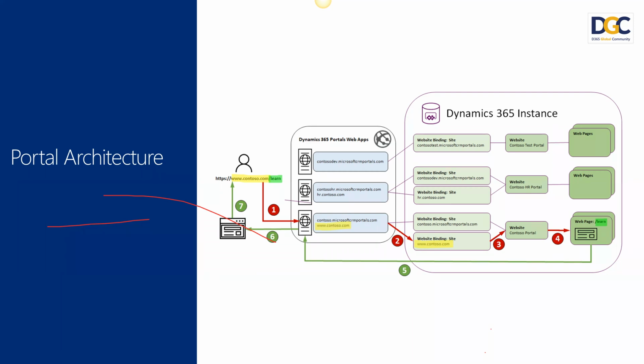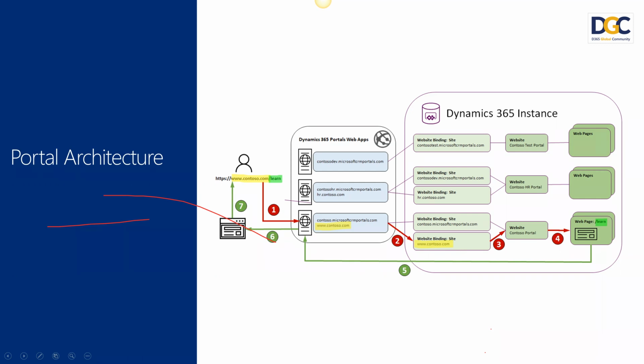Then the server connects to the Dynamics 365 instance and finds the website binding, which you can see on the second slide here, the website binding slide. Then it corresponds to the website it is bound to, which is the Unilink self-service portal that we have built.